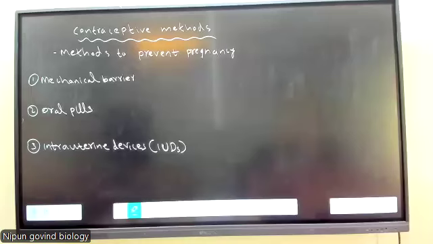Yes, you can have babies, but frequent use of that kind of pills may lead to complete infertility. Come on, intrauterine devices.